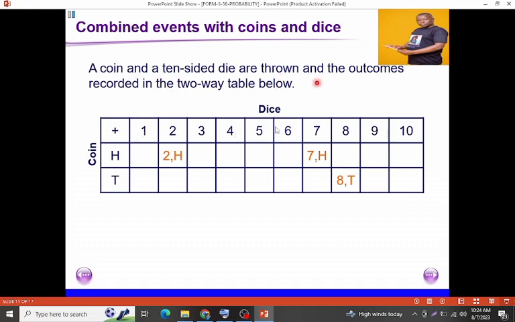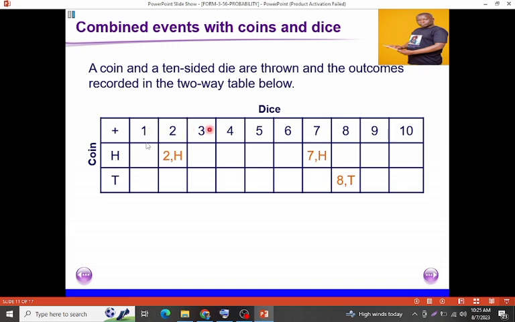So when you throw a dice once, this is a 10-sided dice, it will show these outcomes: 1, 2, 3, up to 10. While when you flip a coin, which has two faces, head or tail, it will give you a head or tail.